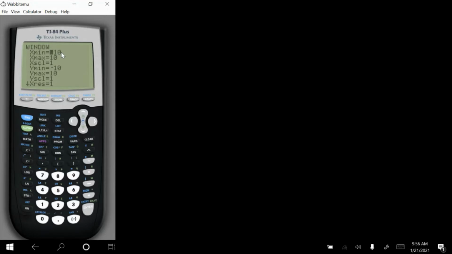The tick mark furthest to the right on the x-axis is 10, and it goes by ones along the x-axis. The y min, y max, and y scaling are the same. The very bottom tick mark on the screen has a value of -10, the very top tick mark has a value of 10, and the y-axis is going by ones.